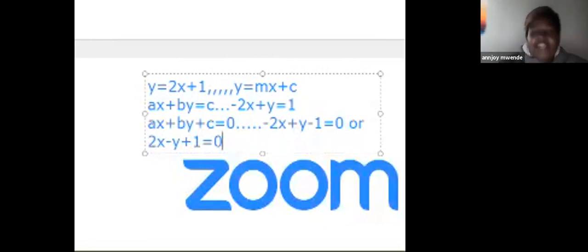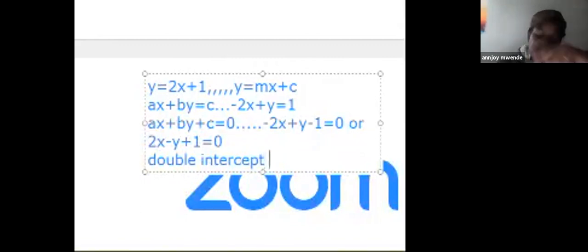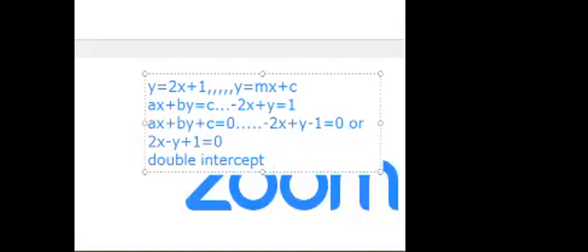Another form of writing that equation is by double intercept. How do we write this double intercept? We write it not y, but x.